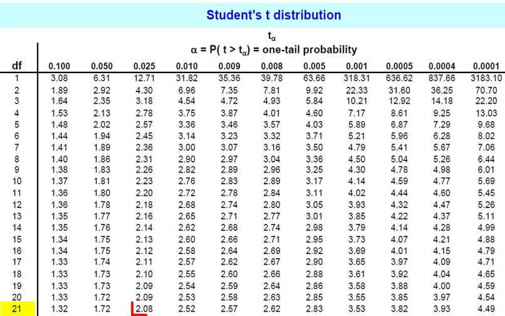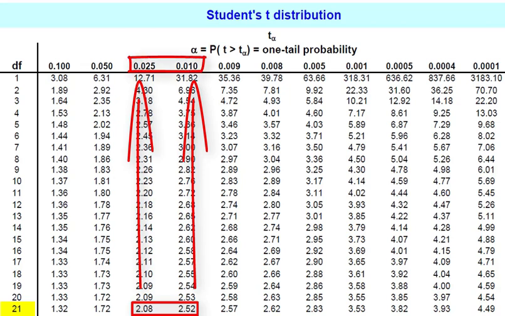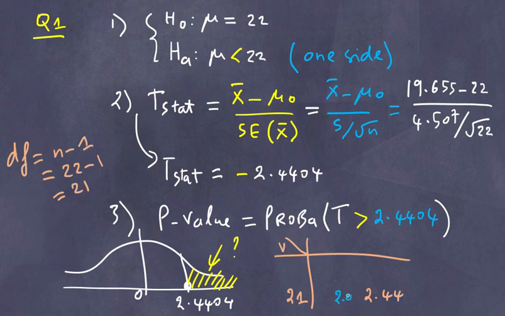2.44 is between 2.07 and 2.51. So the p-value is between 0.025 and 0.01. The probability for 2.07 is 0.025 and the probability for 2.51 is 0.01.